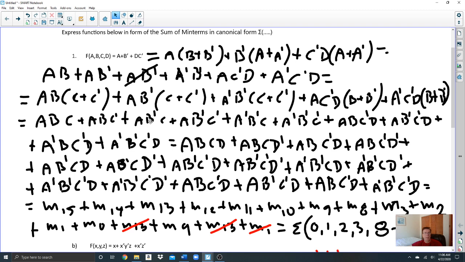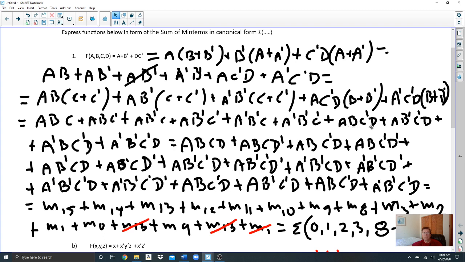Now a, b prime, c is right here. I added d and d prime to this term, so a, b prime, c has two variables added, d and d prime. And I did the same with this one. So just follow this. I expanded all the terms.